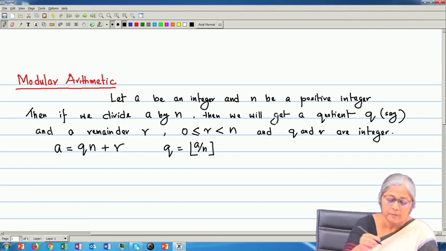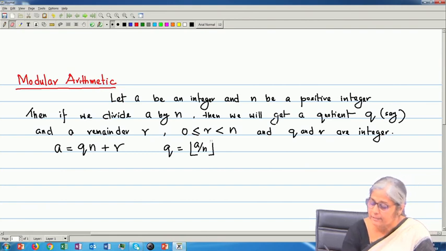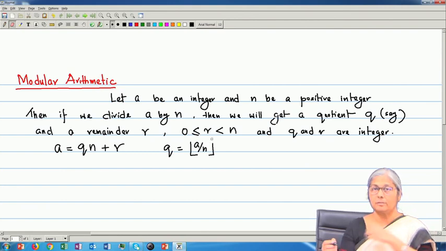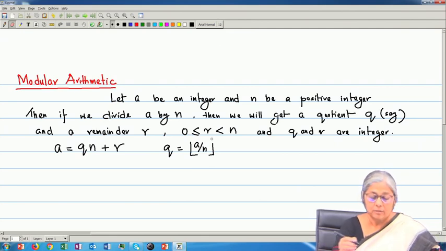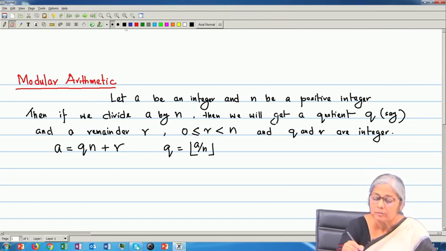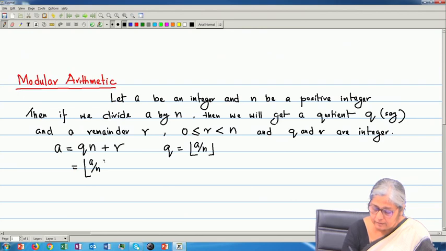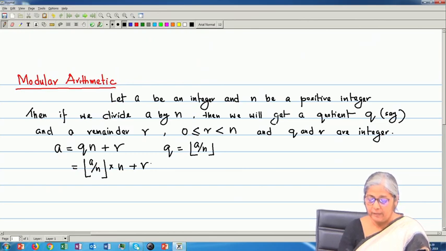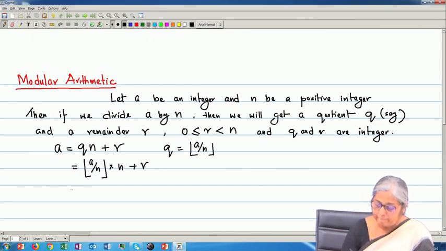Earlier we defined floor(A/n) as the largest integer less than or equal to A/n. So, I can write A = floor(A/n) · n + r.